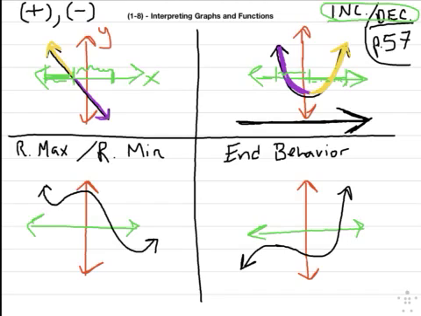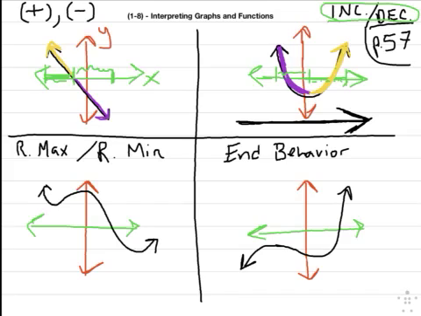All right, and then the next one here is relative max and relative min. Okay, relative maximum and relative minimum. And these are also called points of inflection, right? It's where the graph does a dip, and it changes the U shape from being an upward facing bowl versus a downward facing bowl.